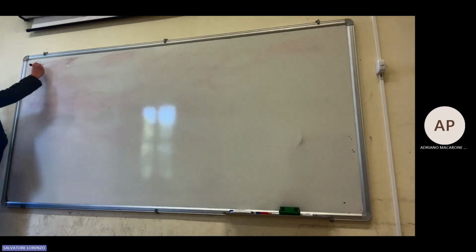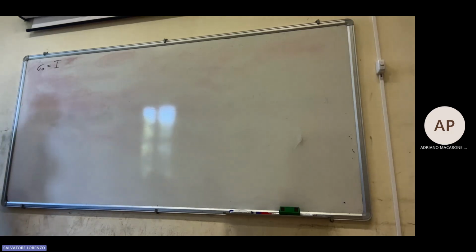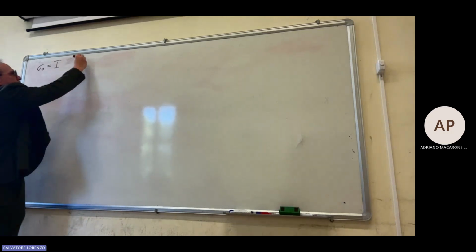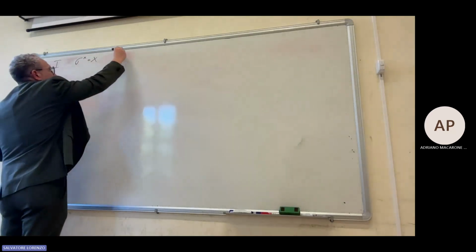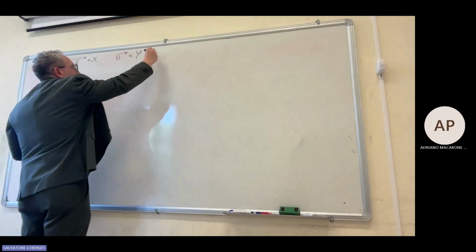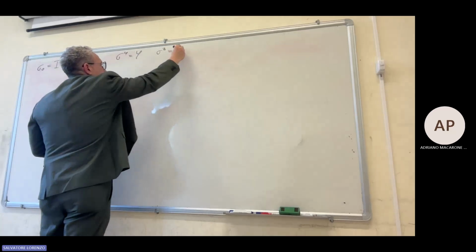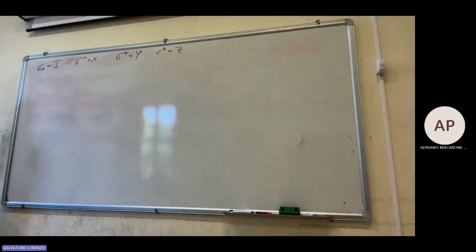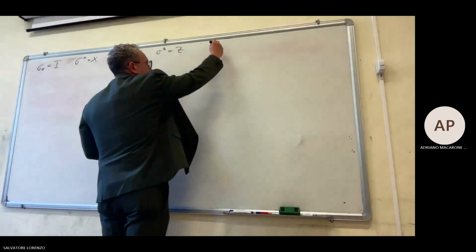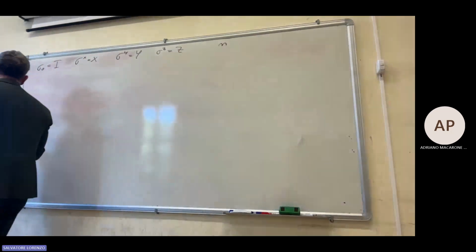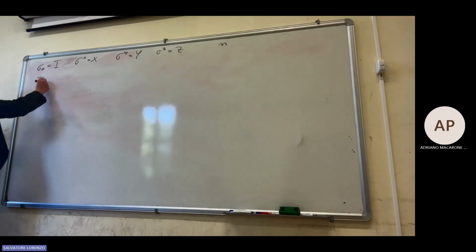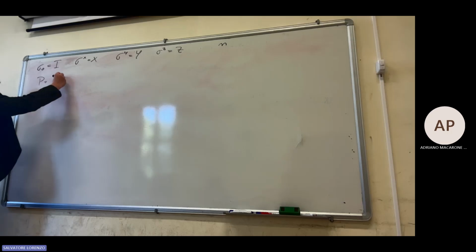We have sigma 0, which in computational papers you can find as I, sigma x as X, sigma y as Y, and sigma z as Z. Now imagine that you have n qubits. Then you consider the Pauli string, which is normally indicated in this way.